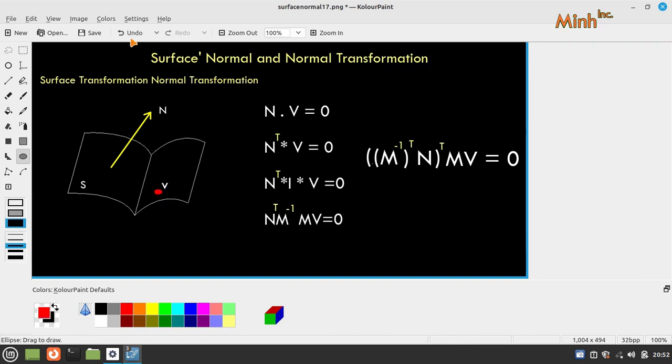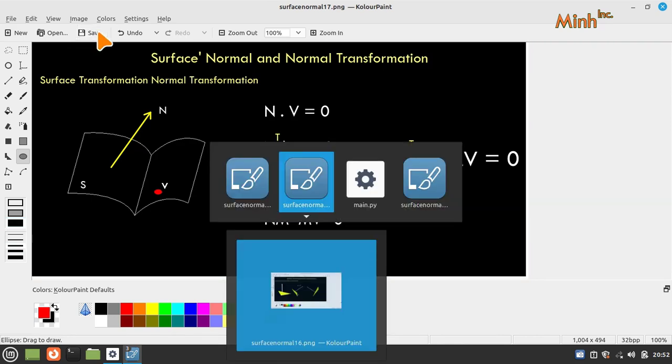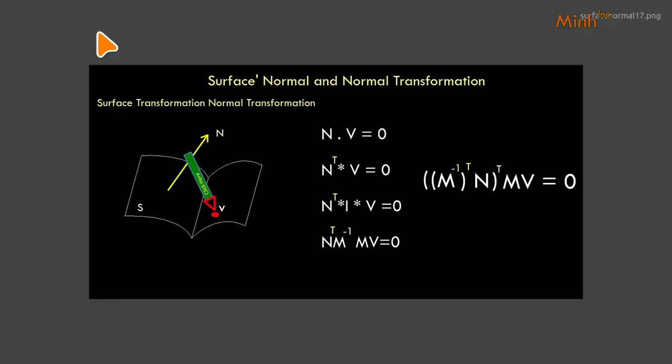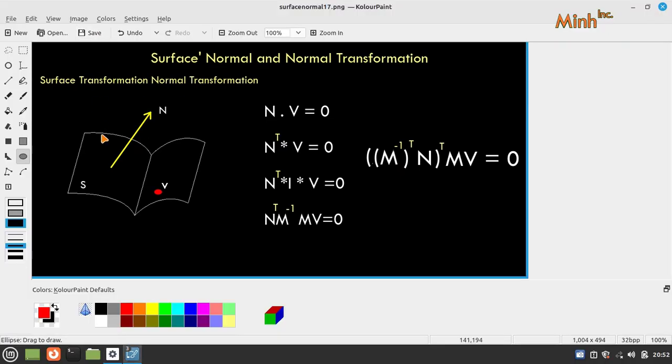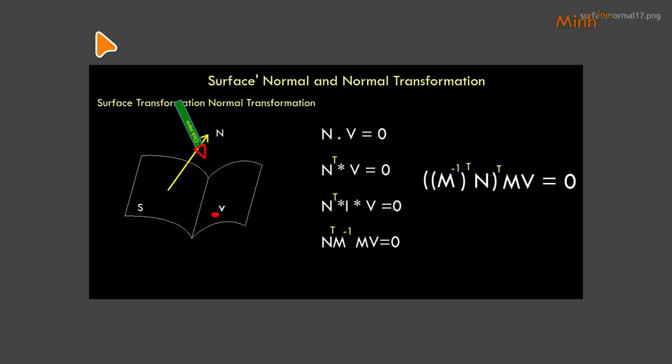So V is any point on the surface. Now, if n is the normal, the surface is different here and there, so I'll make V be here. Now I have a V that is a point on the surface and n is the normal.